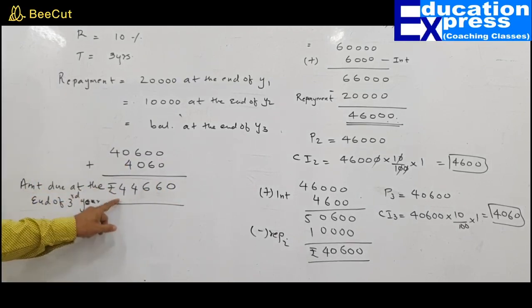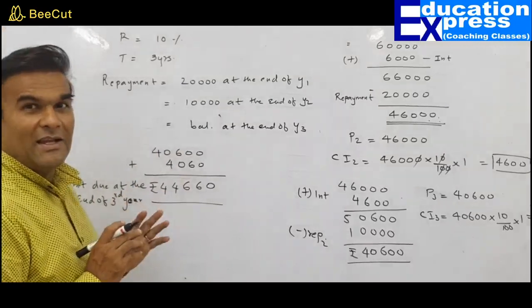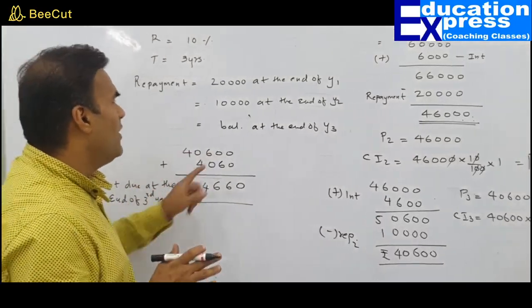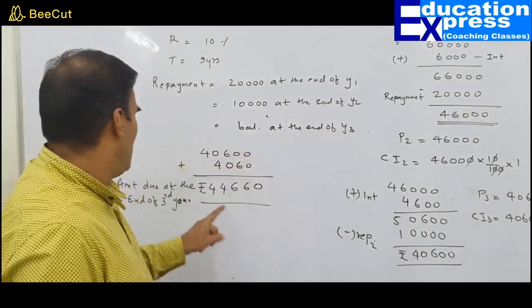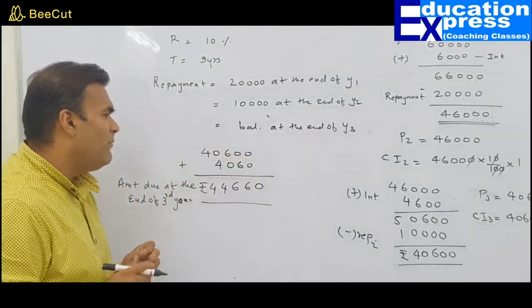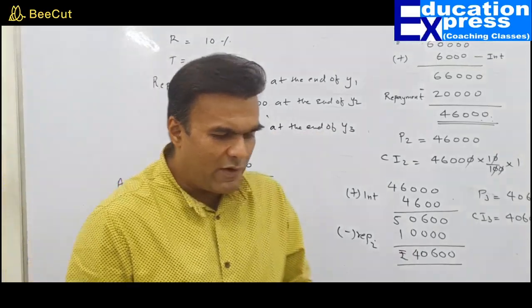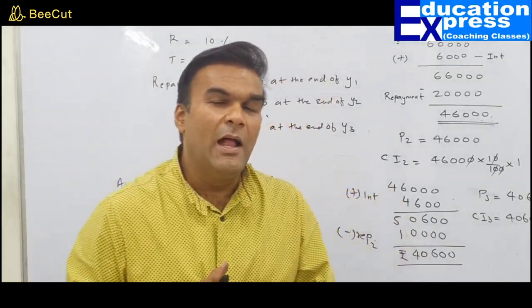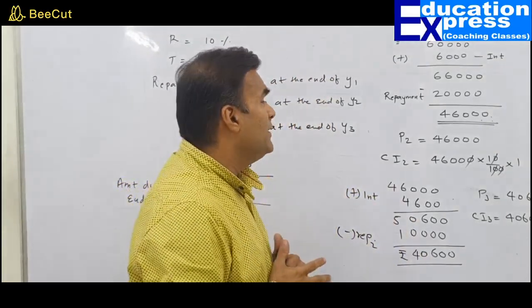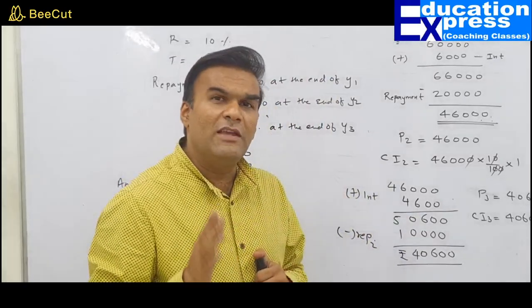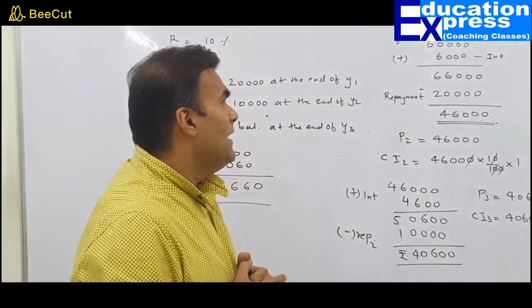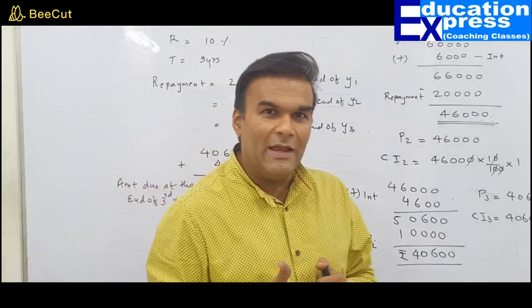This is the amount Mr. Ajay must pay to the money lender to clear his debt, to clear his loan. Balance at the end of third year would be 44,660. My dear friends, if you have understood these concepts, I'm very sure you will find all the questions of the exercise very simple. Let us start with exercise A.